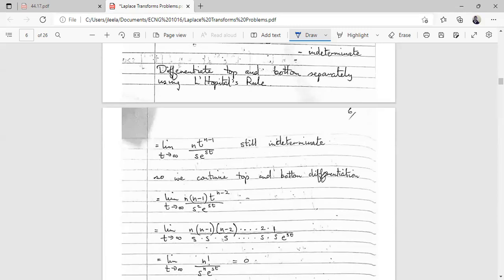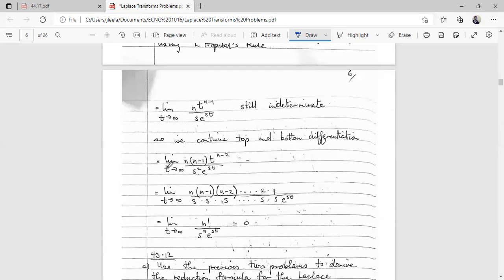So we continue top and bottom differentiation, right? So we differentiate a third time. So you will have to multiply by n minus 1, and you'll have t to the n minus 2 on top, and then you'll have to multiply by s here, so you'll get s squared e to the st, right? So what will happen there? You will still have an indeterminate form here.